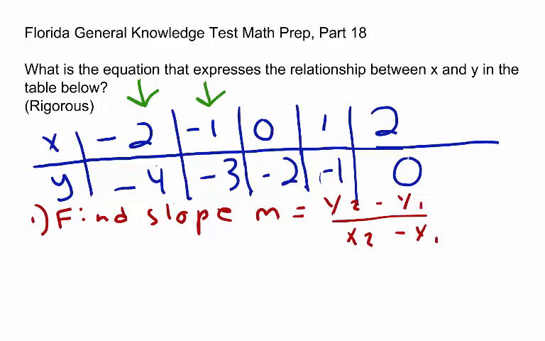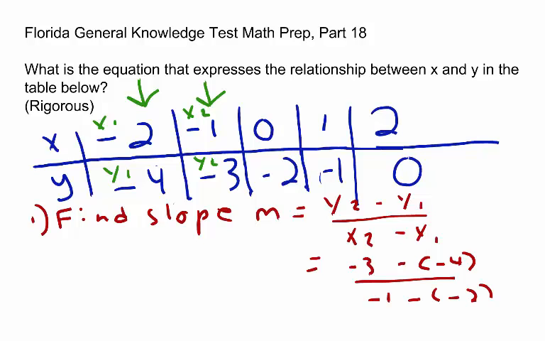And let's call them x1 and y1, x2 and y2, respectively. Substituting those values into the formula, we have -3 minus -4 divided by -1 minus -2.